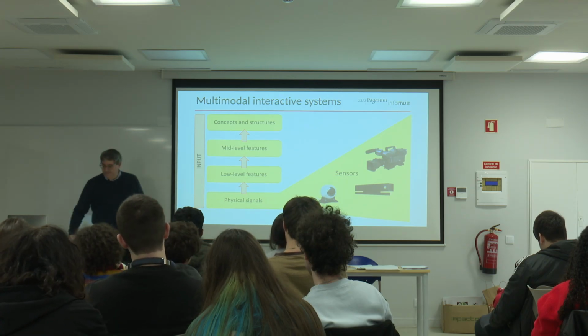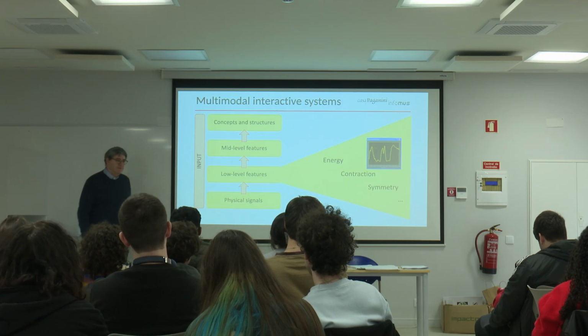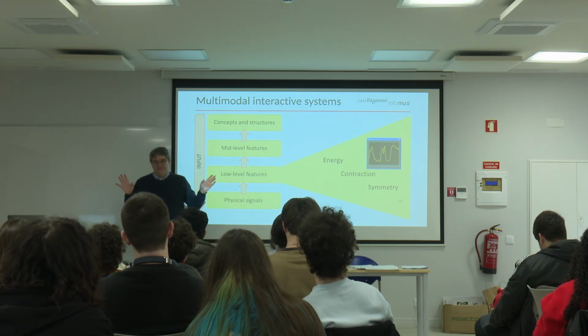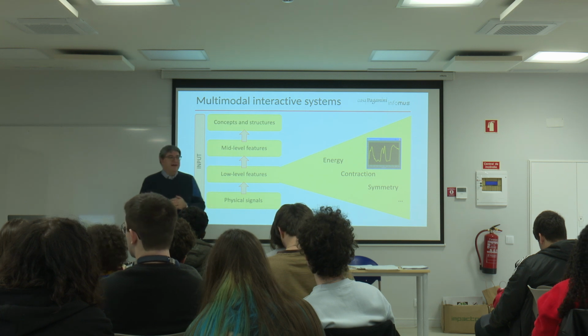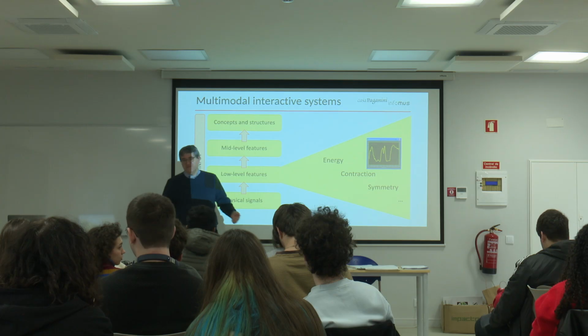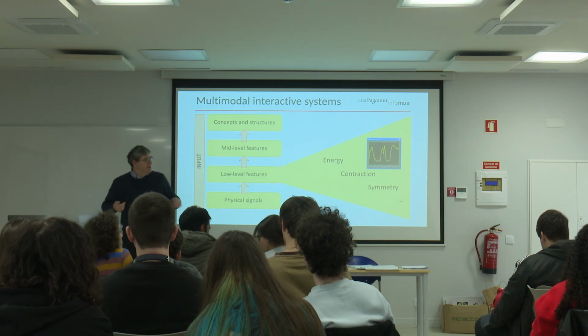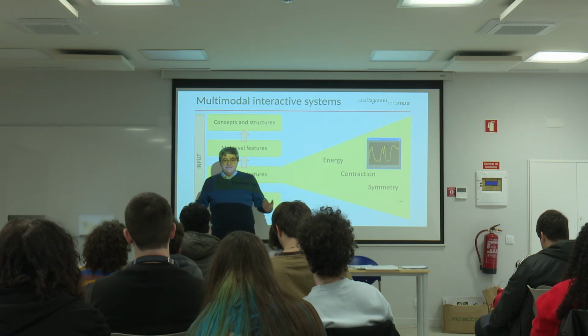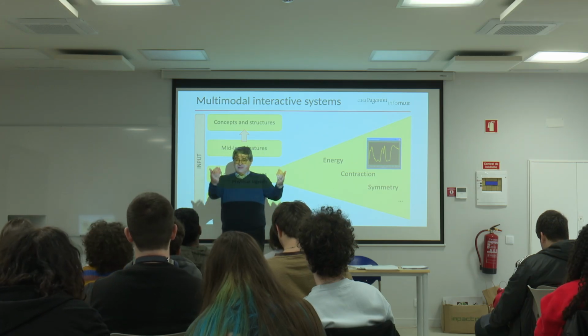Then we go up and we have these low-level features. What are the low-level features? Low-level features are numbers, measures, that you take from the data coming from the sensors. Here I put some examples, like energy: how much I'm moving in front of the camera.